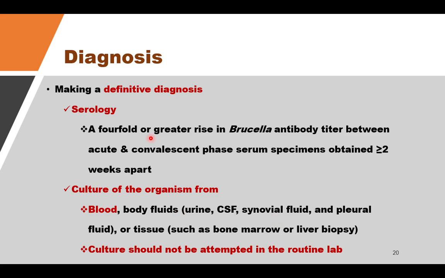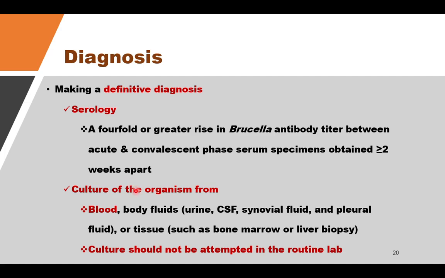So serology can help. When you demonstrate increasing titer against the organism, that is, you have the acute serum, the convalescent serum, and you can demonstrate that you have an increase in the antibody titer, that is diagnostic.